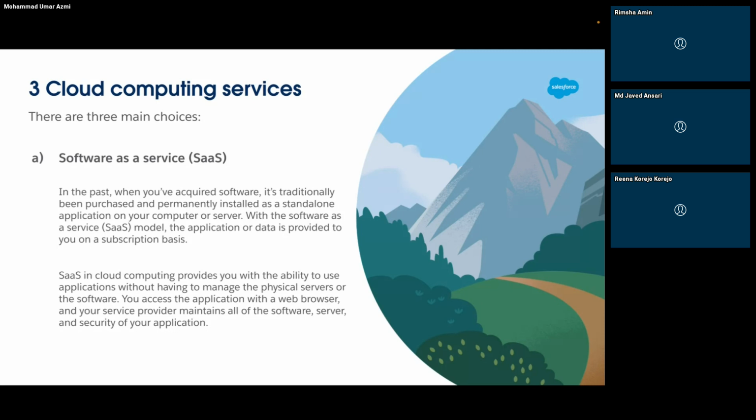Basically, when we say SaaS, it gives you access to application services deployed on a server. The server is already deployed, and you have access to the software. You do not have to bother about installing it, maintaining it, or doing any coding.